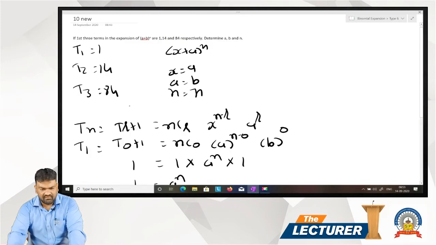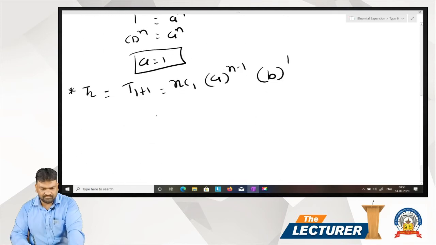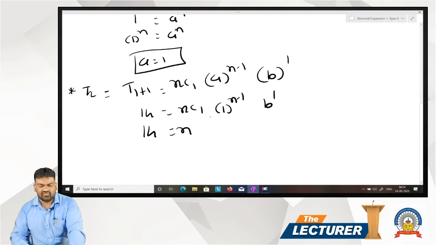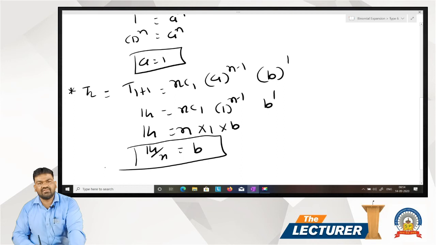T2 is given as 14, so 14 is equal to nC1, a is 1 raised to n minus 1, b raised to 1. 14 is equal to n, 1 raised to n minus 1 is 1, b raised to 1 is b. So 14 by n is equal to b. Here we get one relation: b is equal to 14 by n.